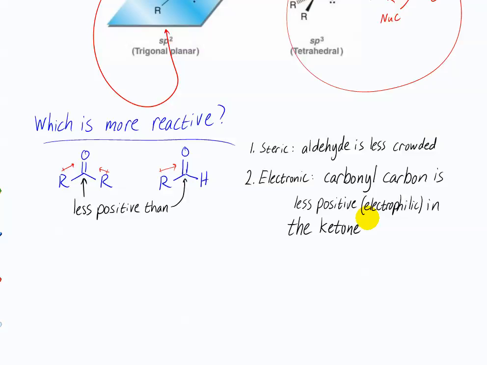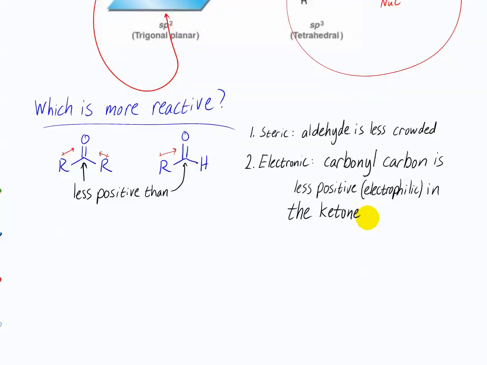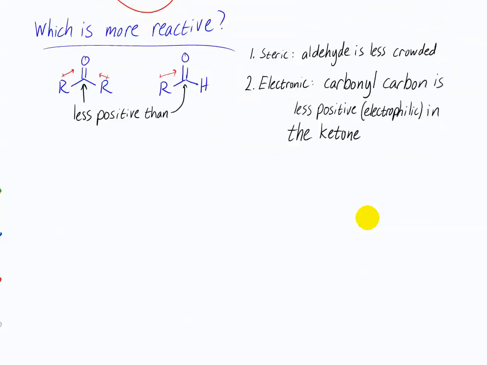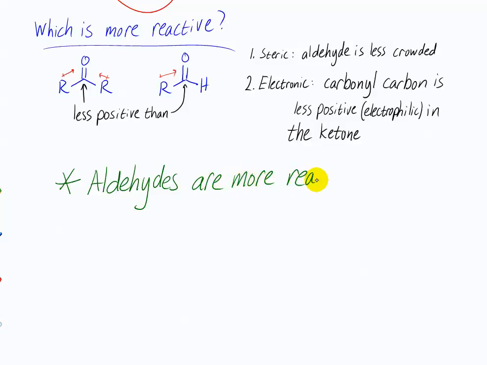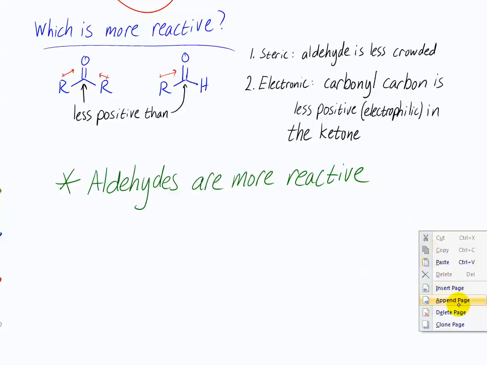There's just a hydrogen on one side. Okay, so moral of the story: aldehydes tend to be more reactive. That's going to come up in a bit when we start talking about synthesis.